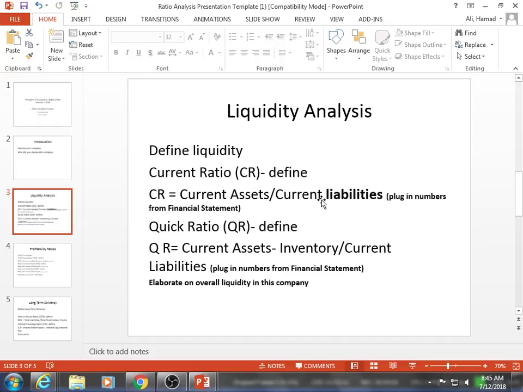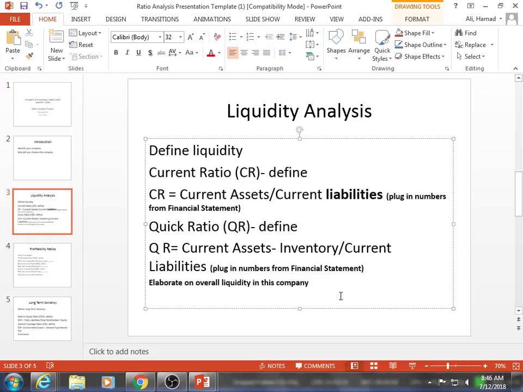I only put the current ratio and the quick ratio. We have two more ratios to add to that. The first one is receivable turnover, and that's my fault, because it's in the syllabus. So we're going to add it.